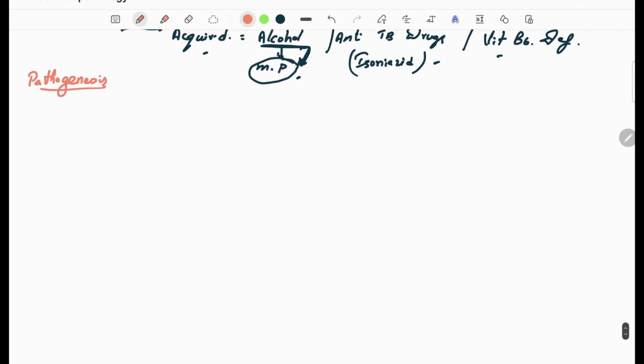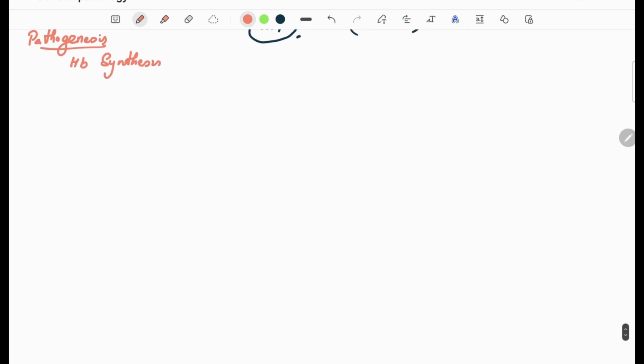In pathogenesis, we first discuss the HB synthesis. You may have learned this about HB synthesis in your biochemistry first year classes. The thing that we should consider first is succinyl coenzyme A. This succinyl coenzyme A is converted into ALA.